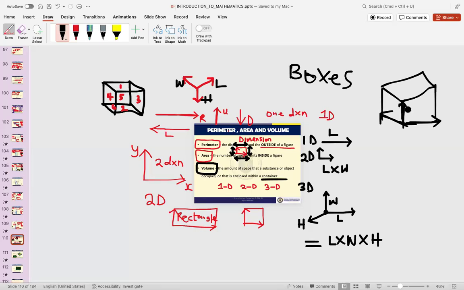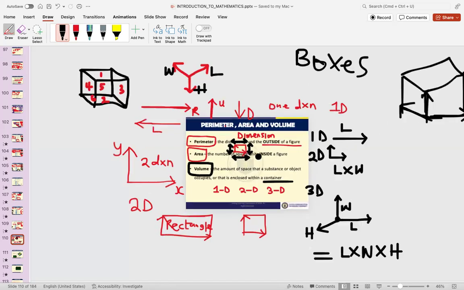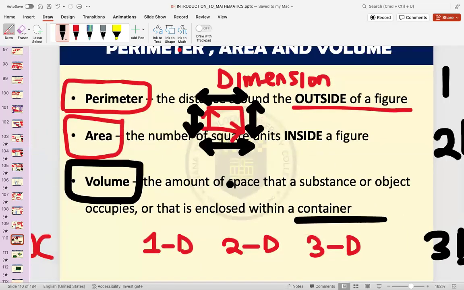That is what is used to design almost everything that looks like a box. And so for every box, there are 3 things you can calculate on the box. You can calculate the volume of the box. You can calculate the area of the box.